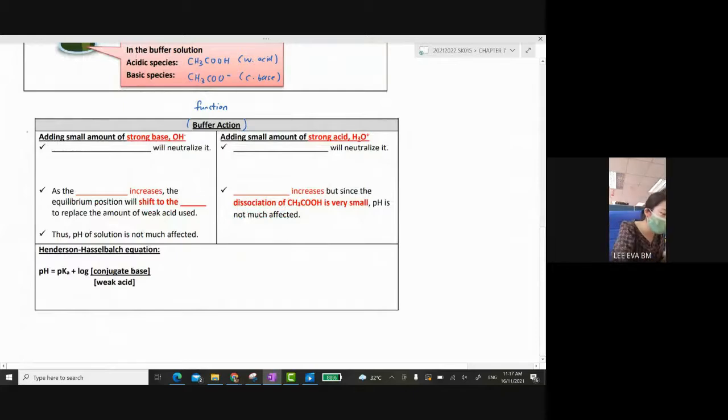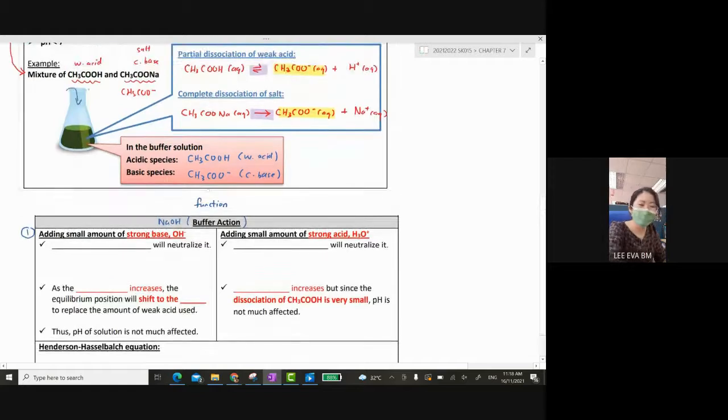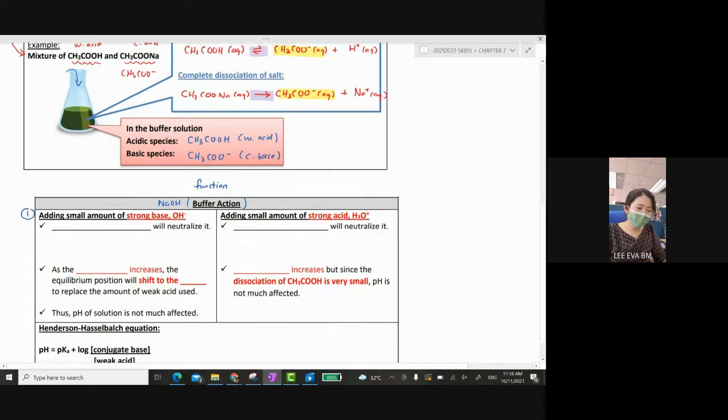In the first scenario over here, if I try to add a little bit of strong base, for example NaOH, KOH, LiOH, etc., the strong base, into the solution here, into your beaker containing your acidic buffer, you need to identify which species will come to neutralize this strong base. So common sense, acid and base will react.